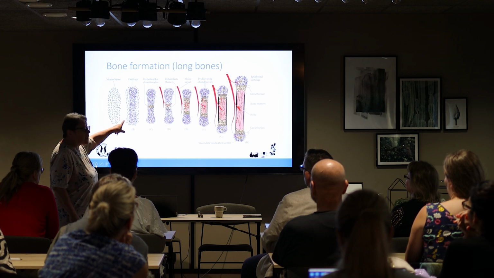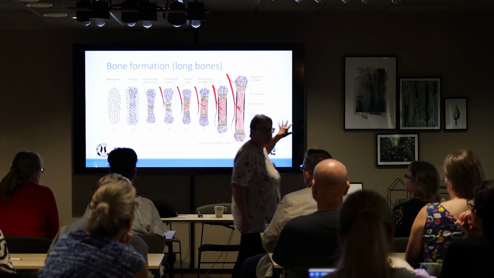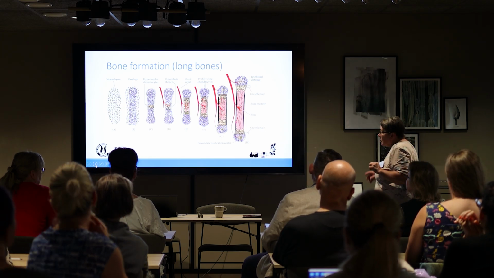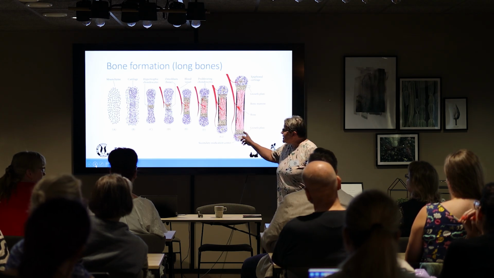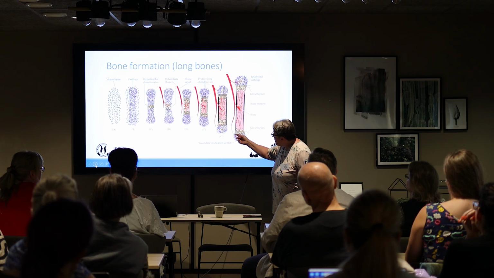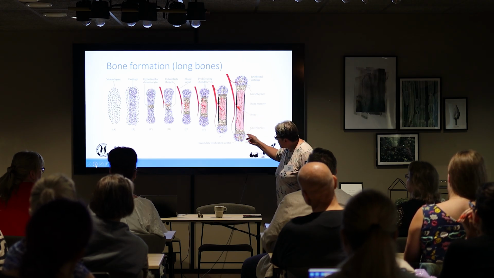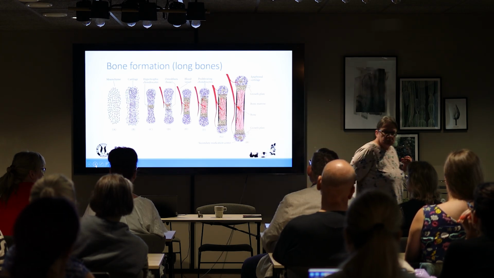This process starts during embryonic development and continues during the puppyhood of a dog, as long as this growth plate here is active. In this growth plate there are hypertrophic chondrocytes that are still able to make the bone longer.